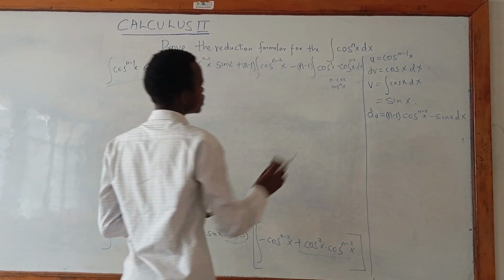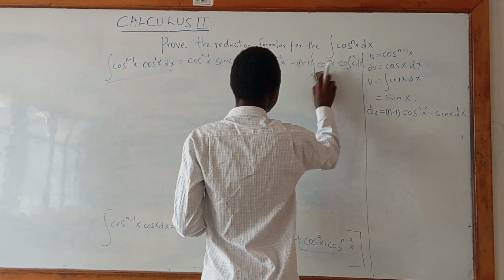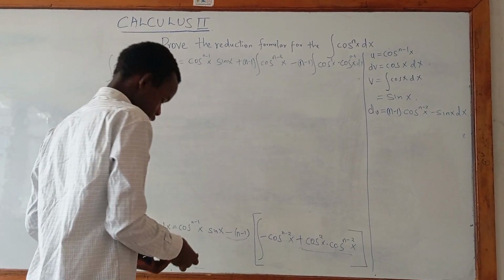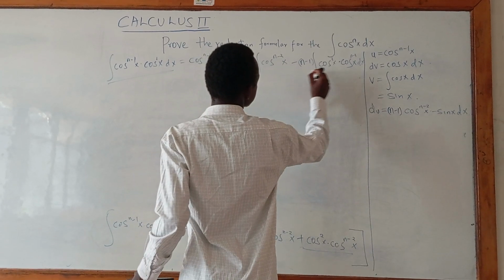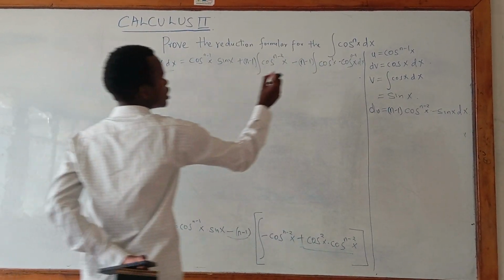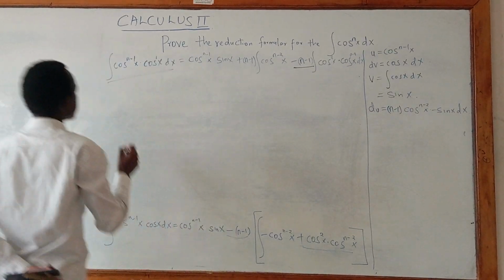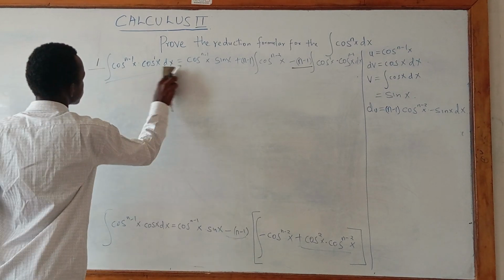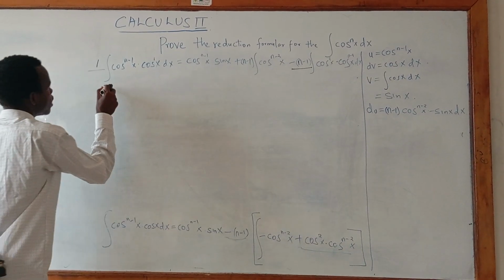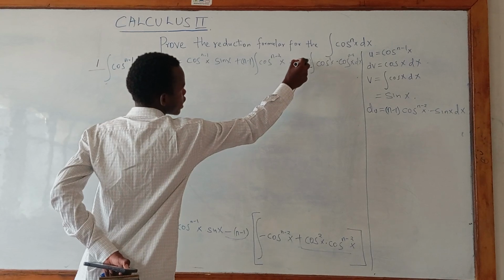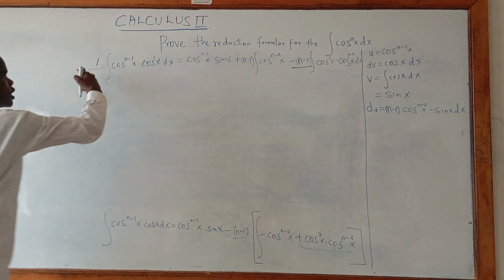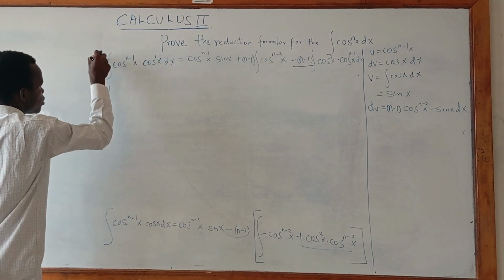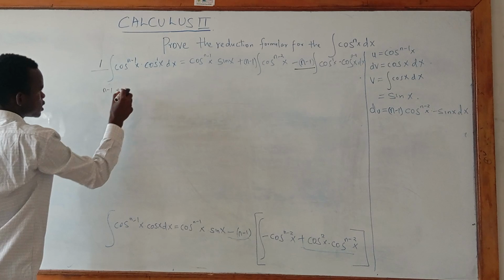So taking it to the left side and adding the coefficients, we take this expression to the right side, then we add the coefficients. The coefficient for this is 1. Taking this negative of n minus 1 to the left side, it will be positive n minus 1. So we'll get n minus 1 plus 1, which is the same as n.